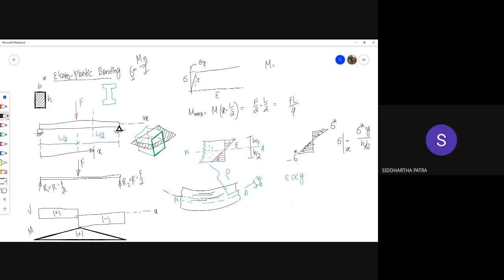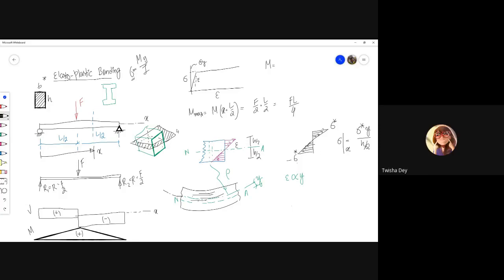No, I didn't get your answer. I don't think you also got my question. My question is, this sigma over here, which stress is it? Is it anywhere on the beam? Is it the maximum stress in the cross section, or is it the maximum stress anywhere on the beam?